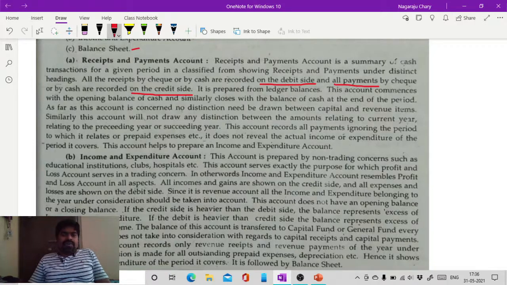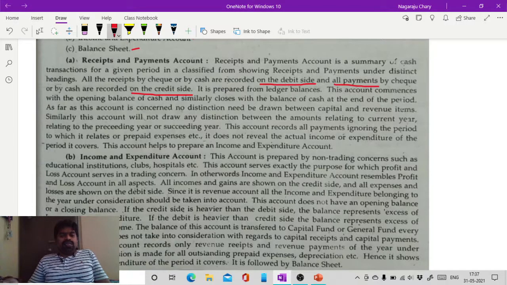We have to get a clear idea about these two. A revenue item is repetitive in nature: the transaction occurs repeatedly, many times during the year.